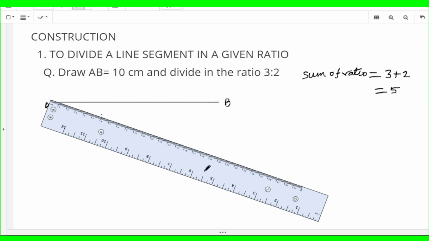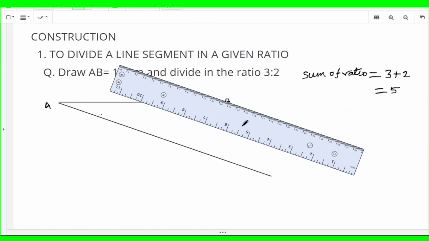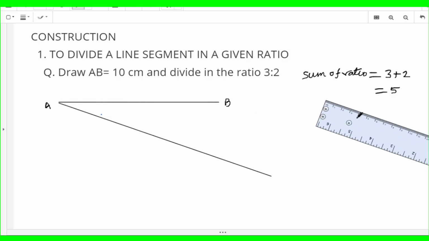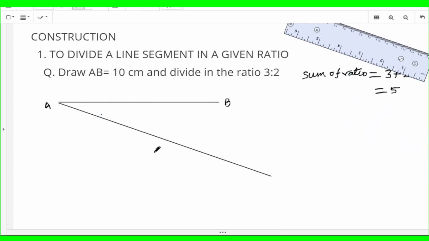Okay, so we have got the line AX. Let this point be X. After this, on that line segment AX we have to take 5 equal parts from A.